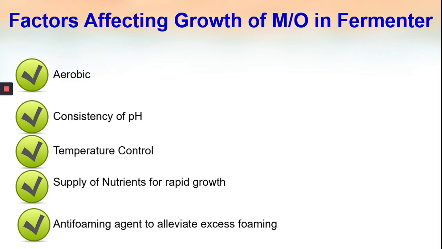Because if there is a lot of bubble or foam produced inside the fermenter tank, it will affect the rate of metabolite being produced, and also the quality of the metabolite that has been produced. So to overcome this kind of problem, anti-foaming agent will be added inside the tank.